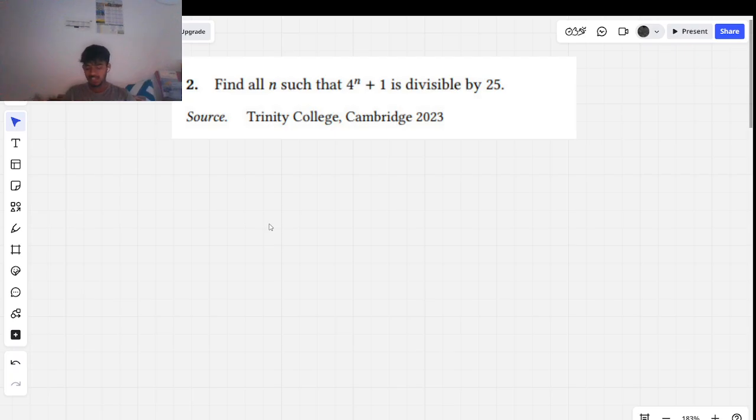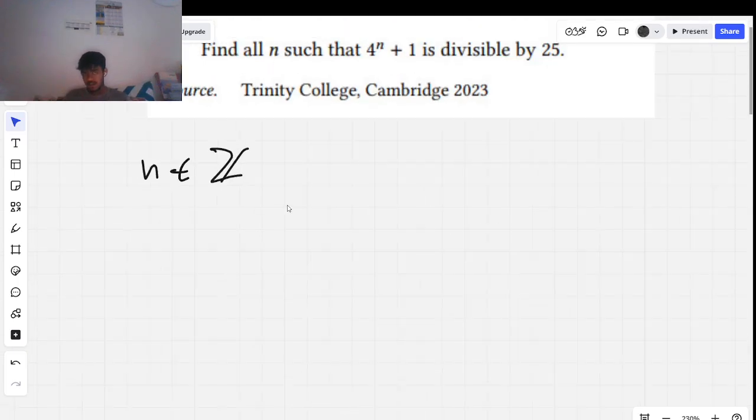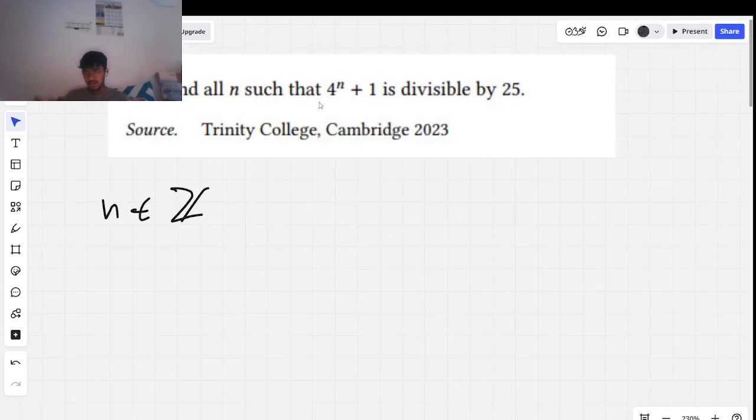Find all n such that 4 to the n plus 1 is divisible by 25. Okay, this seems to be a much simpler question, and I'm probably going to regret saying this. First of all, I presume that n is an integer. Because it has to be divisible by 25, the closest thing to 25 that is a power of 4.